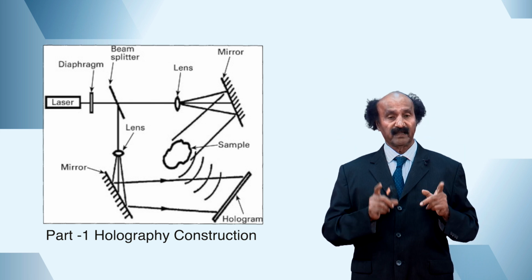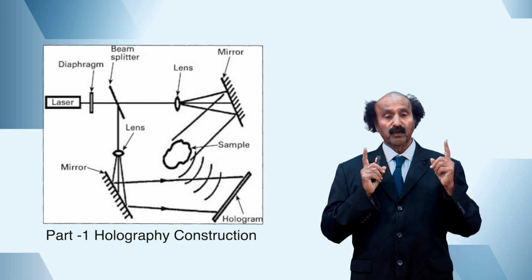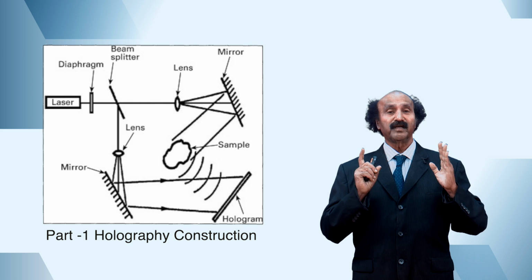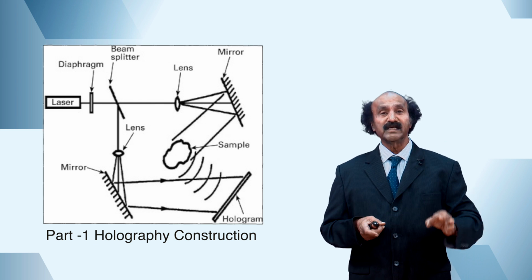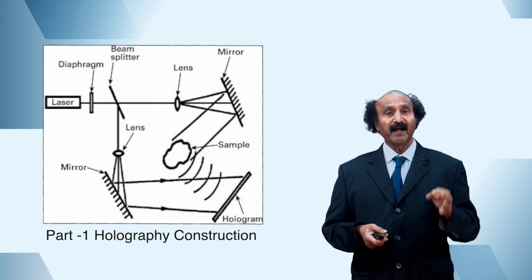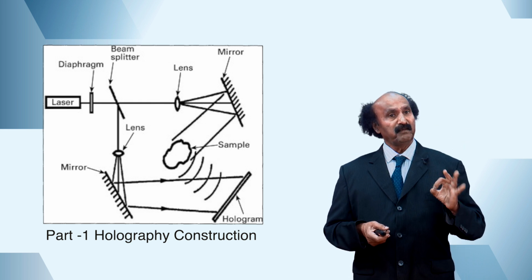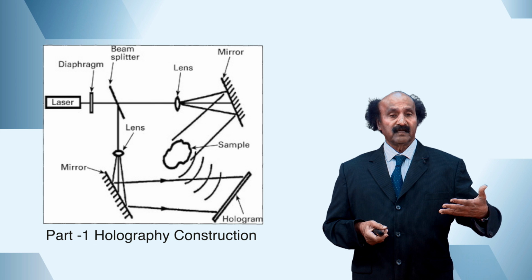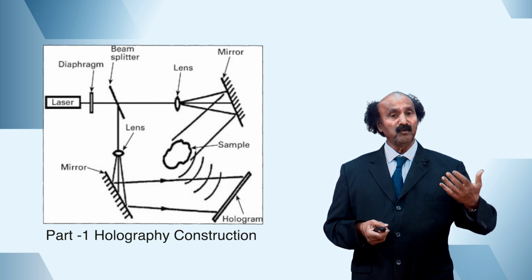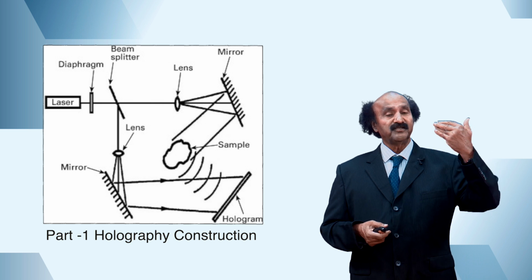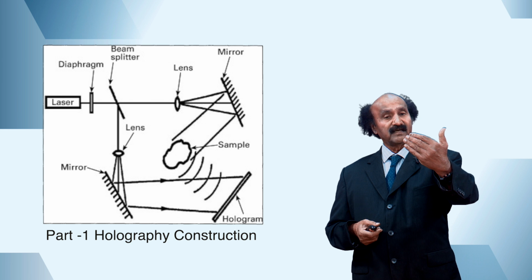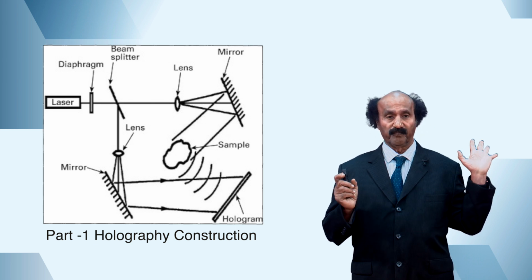That means step 1 in the construction of a hologram is producing interference between the object beam and the reference beam. The reference beam is like a standard. Only with respect to this reference beam are you going to see the changes in the amplitude and the phase coming from the scattered object beam. That is all. That is the first step.